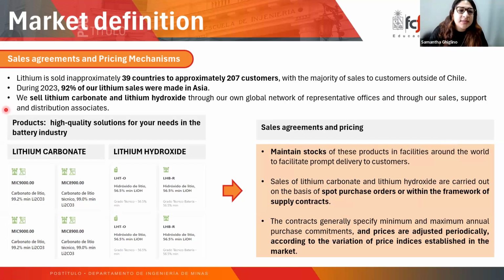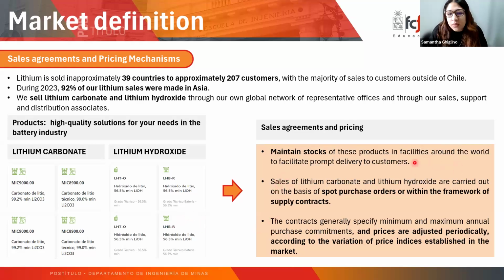So this is a small chart that we prepared with the different technical grades that can be presented in these two main products. We can see that there are different technicalities to them, and this is what drives, as I already mentioned, the price of what is sold.